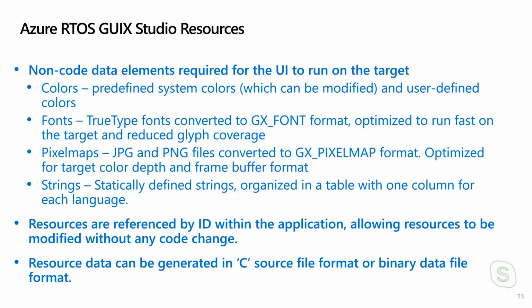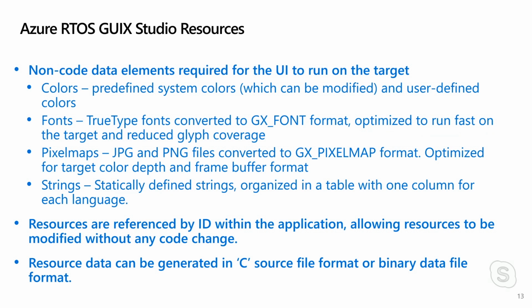GUIX has a bunch of built-in predefined system colors, which users can modify. So you can keep a color theme that you want. Fonts are created to a GUIX format font, and then pixel maps like JPEG and PNG files are converted to a GUIX pixel map format.